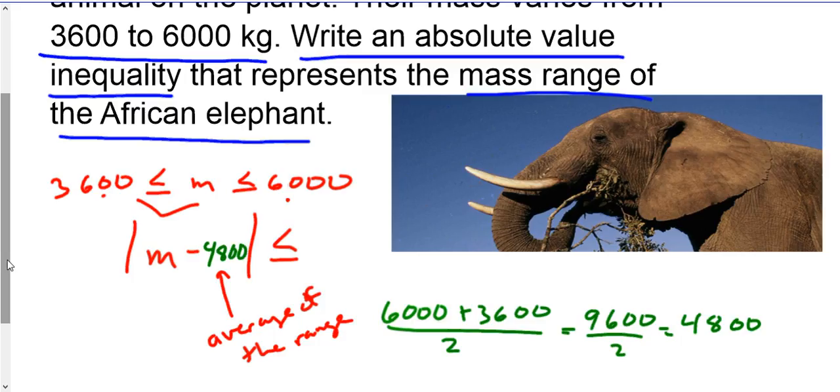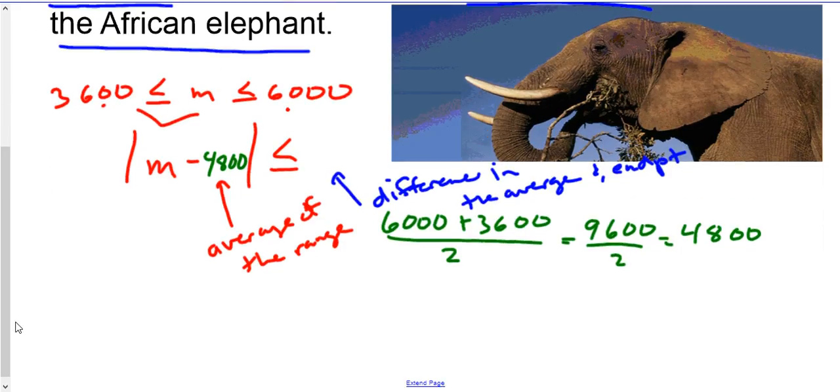Now, from that 4,800, this other value is going to be the difference between the average and one of the endpoints. I'll make this in blue. We take our average, which is 4,800, and subtract one of the endpoints.